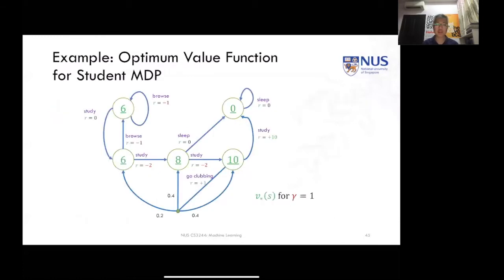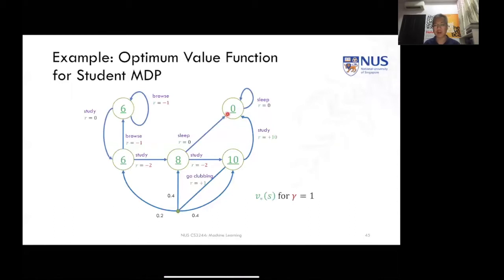So let's take a look at what this would look like. Here's the optimum value function for the student MDP, and you can check this out to make sure it's done properly. You can get an idea of how to intuitively look at this. If we start from the final part, what's the optimum way that we could get to this final terminus state?